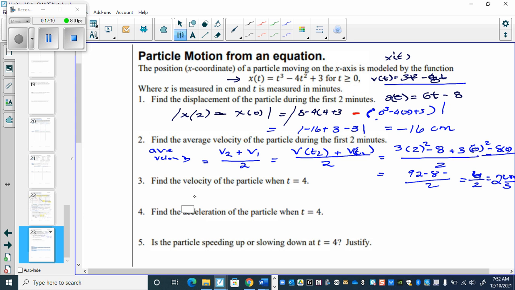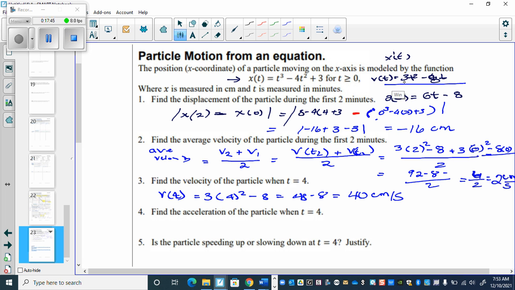Okay, let's find the velocity of the particle when t equals 4. So I have my velocity function, v sub 4 equals 3 times 4 squared minus 8. This equals 48 minus 8, and that's going to give me 40 centimeters per second. Make sure that's right.